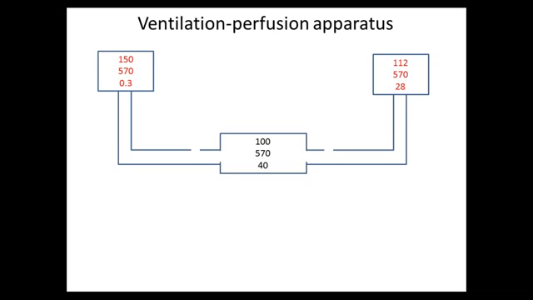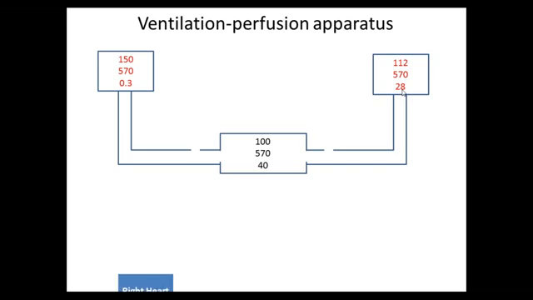Then the oxygen will be increased a little bit from the oxygen present in the dead space, and you have partial pressure of oxygen now in the exhaled air around 112 millimeter mercury, and the CO2 will drop because it's now diluted with the air in the dead space to 28 millimeter mercury.